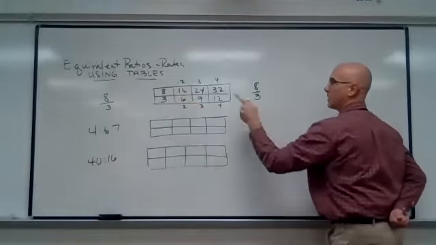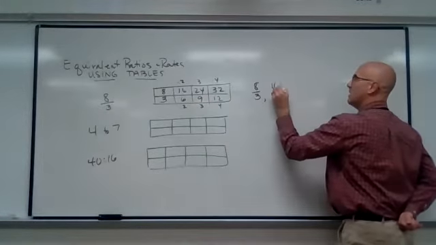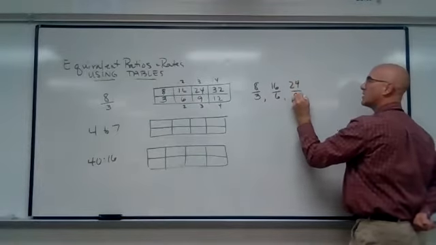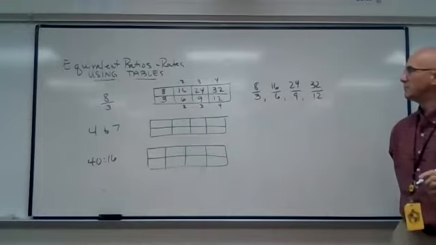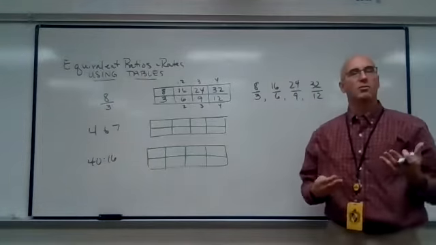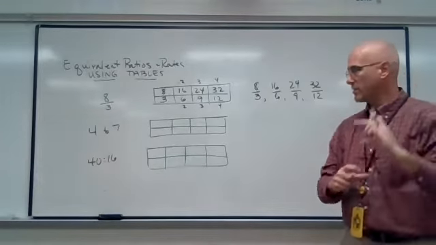I have 8 to 3, our original ratio. Our next one, 16 to 6, 24 to 9, and 32 to 12. So all 4 of these ratios are equivalent. They show the same comparison between the 2 numbers.